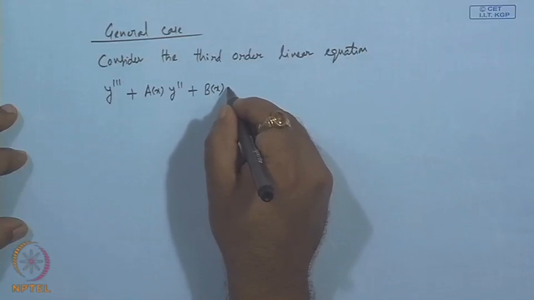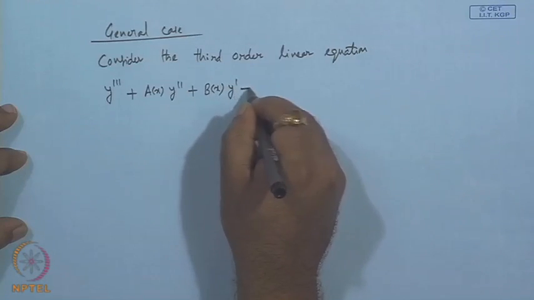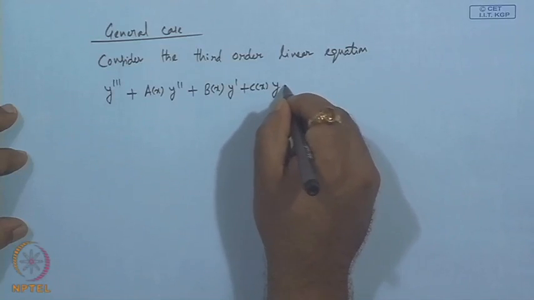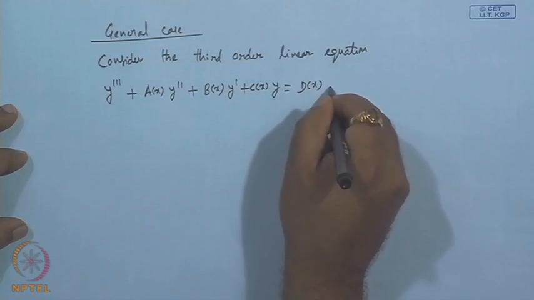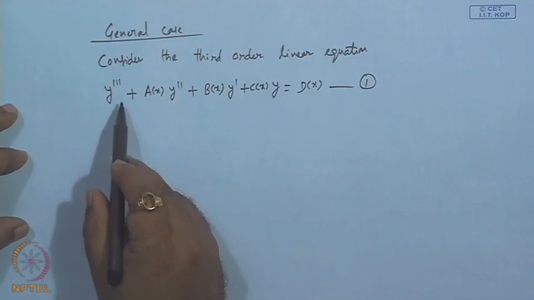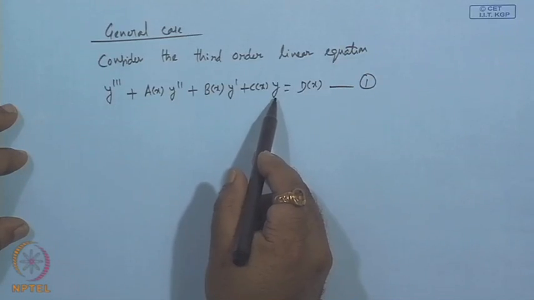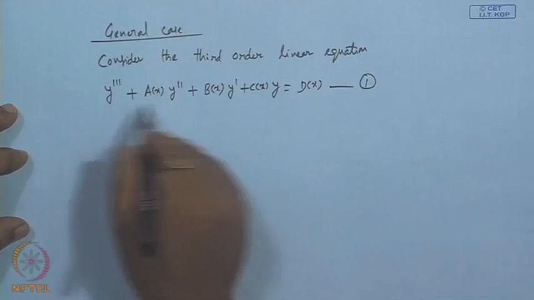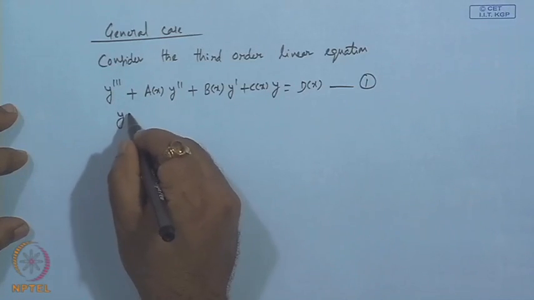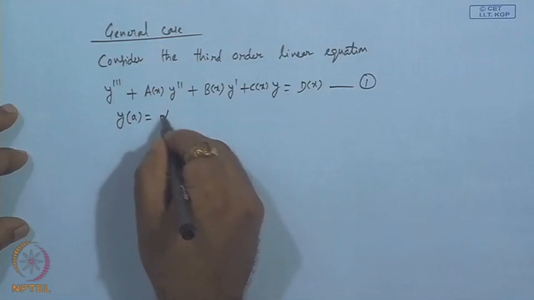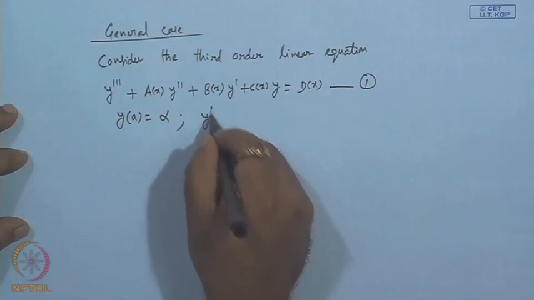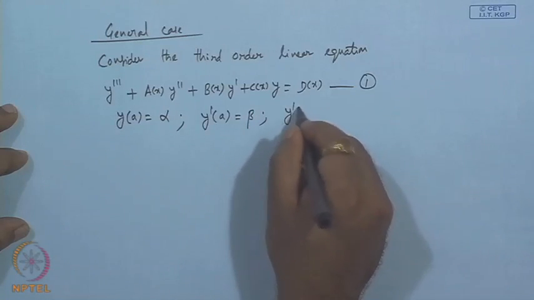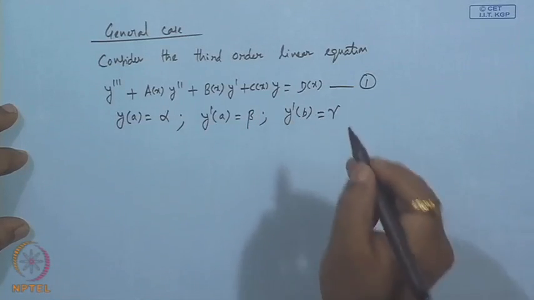So, when I said general, we have all the terms. So, that makes life a little complex. So, 3, 2, 1 and y 0. So, all the terms are there, and since it is a third order equation, we need 3 boundary conditions. So, y of a is alpha, gamma. Okay.